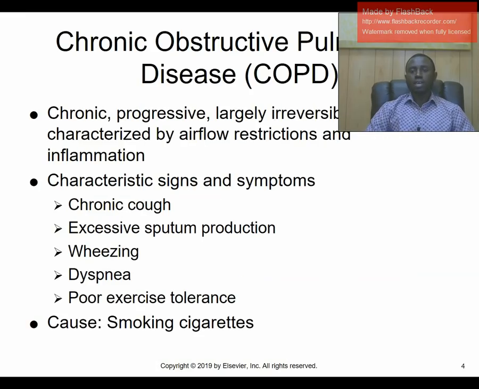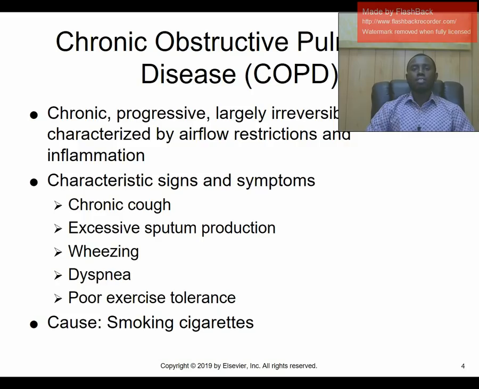So now let's look at the pathophysiology of chronic obstructive pulmonary disease, also known as COPD. COPD is a progressive, largely irreversible disorder that restricts airflow in the lungs. COPD is a combination of two pathologic processes, chronic bronchitis and emphysema.